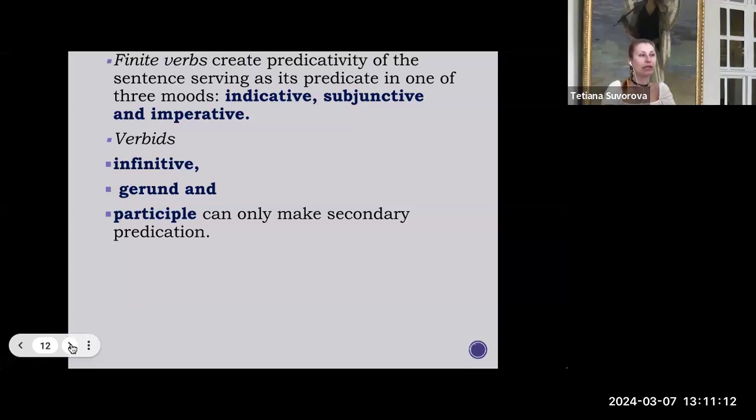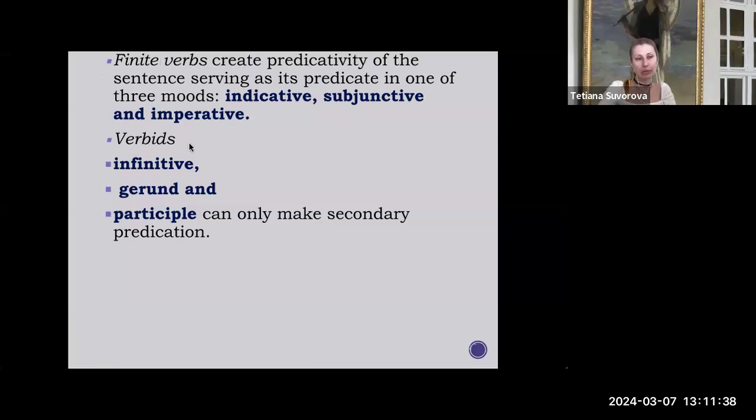While once we speak about the second group, which are called verbids, they have all verbal characteristics, but together with additional characteristics, and they cannot serve the function of the predicate of the sentence. They can be part of the predicate, but not the full predicate, while finite verbs can. Why?